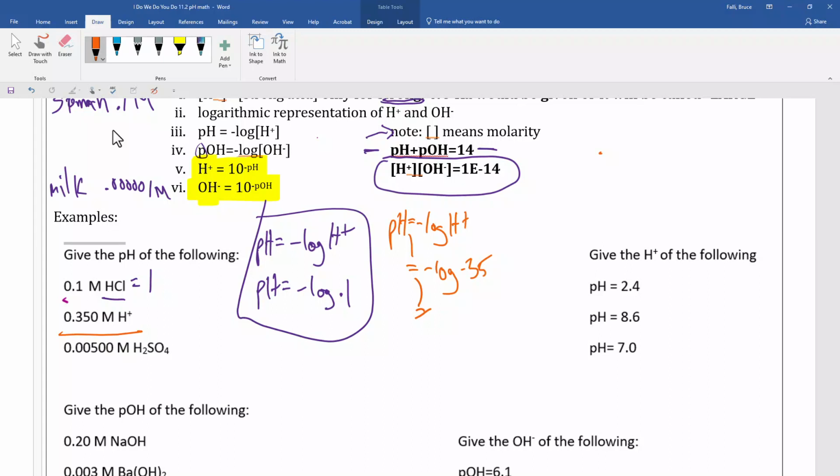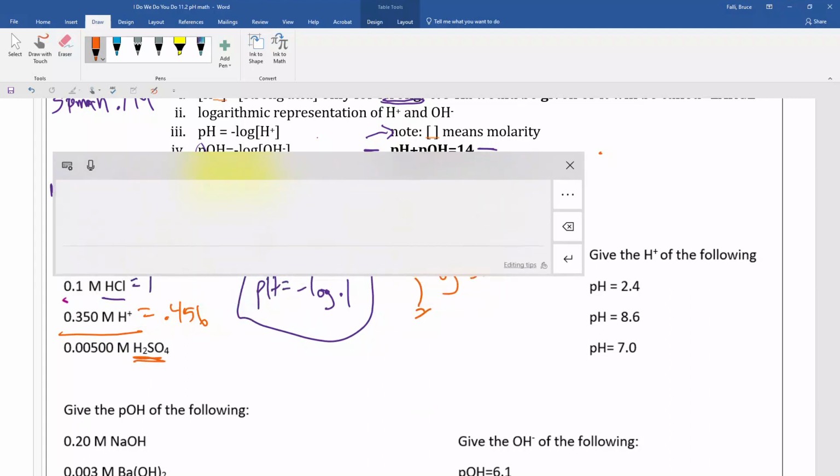Oh, I got the wrong answer. It says error. I put minus log instead of negative log. I have to make sure I use negative log. And when I use negative log, I get a good answer of 0.456. pH does not have a unit. It's actually a ratio of things, and ratios don't have units.